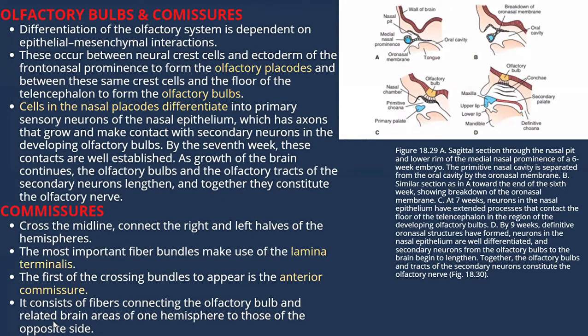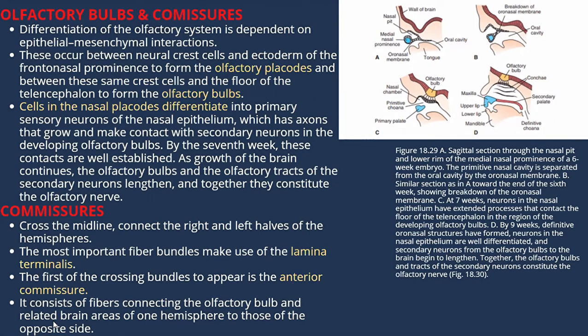So it also has the olfactory bulbs and commissures. The differentiation of the olfactory system is dependent on epithelial-mesenchymal interaction. These occur between neural crest cells and the ectoderm of the frontonasal prominence to form the olfactory placodes, and between these same crest cells and the floor of the telencephalon to form the olfactory bulbs.